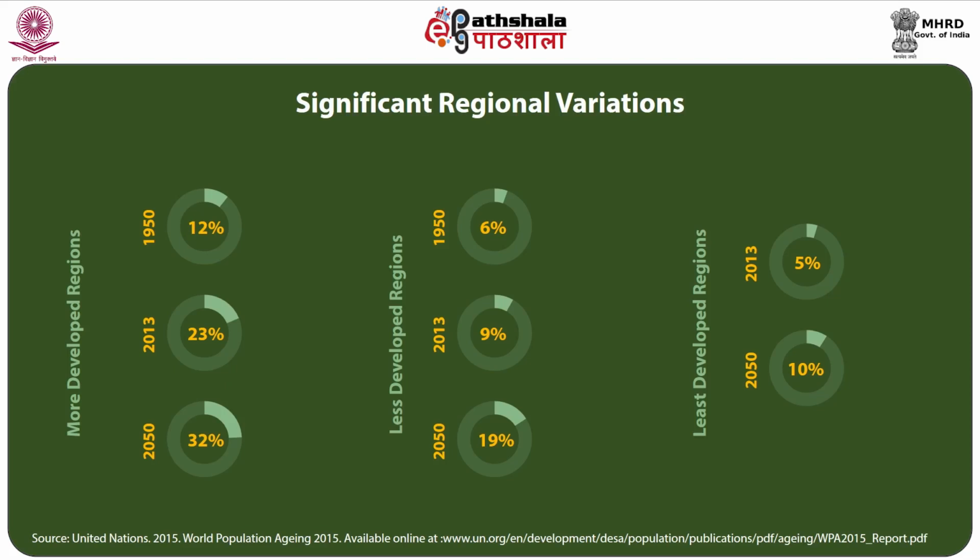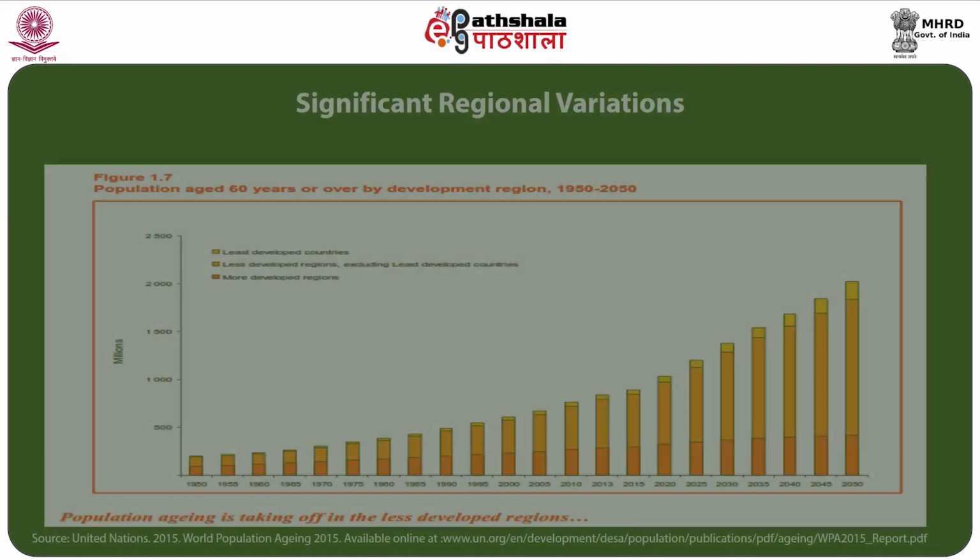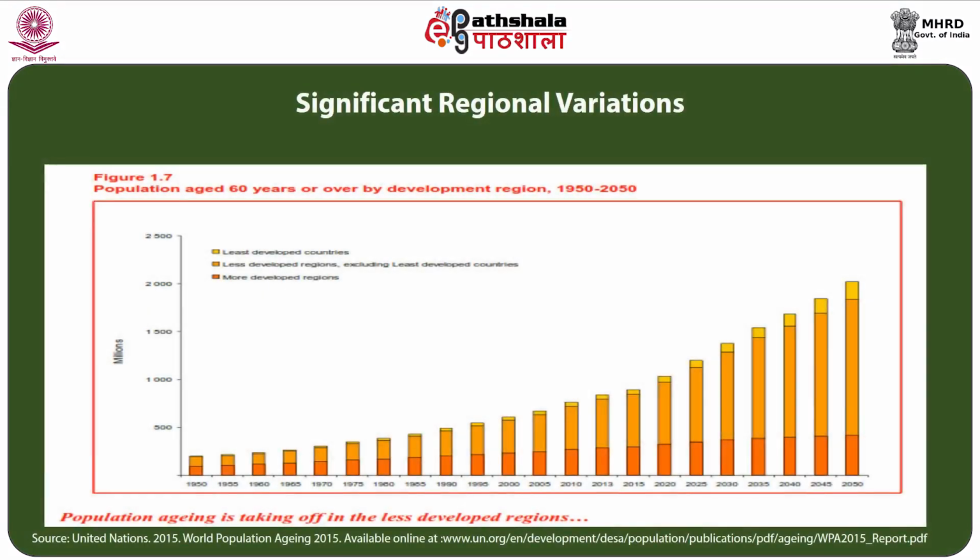There are significant regional variations that are noticed across the globe. So, the proportion of population of 60 plus in the total population over a period of time across the world and developed and less developed regions is clearly indicated in the figure, which shows that there is a steady increase in the elderly population.